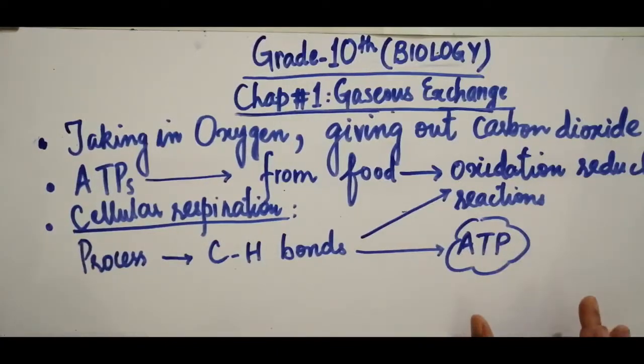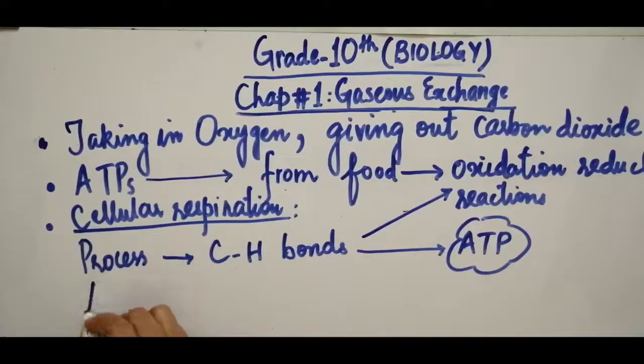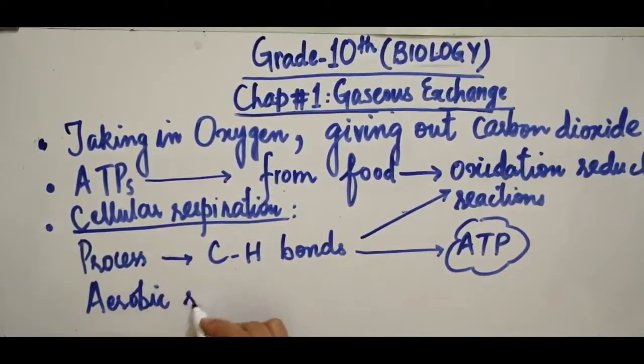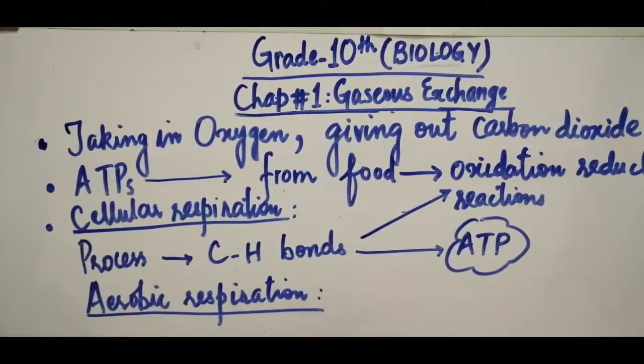Now, the most important thing happening in cellular respiration is a type of process called aerobic respiration. You have done this in your previous class. Aerobic respiration is a type of cellular respiration in which oxygen is needed.